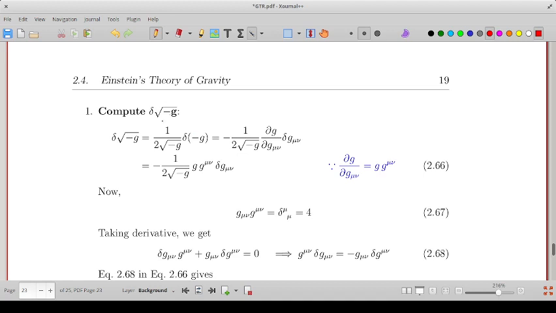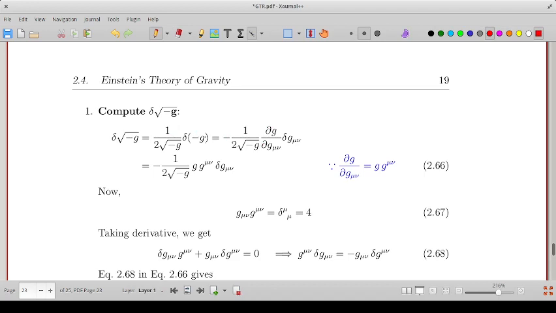First, let us consider delta square root of minus g. So this is given by 1 by 2 square root of minus g times delta of minus g. But then this minus can be taken outside, so I have placed it here. So 1 by 2 square root of minus g.